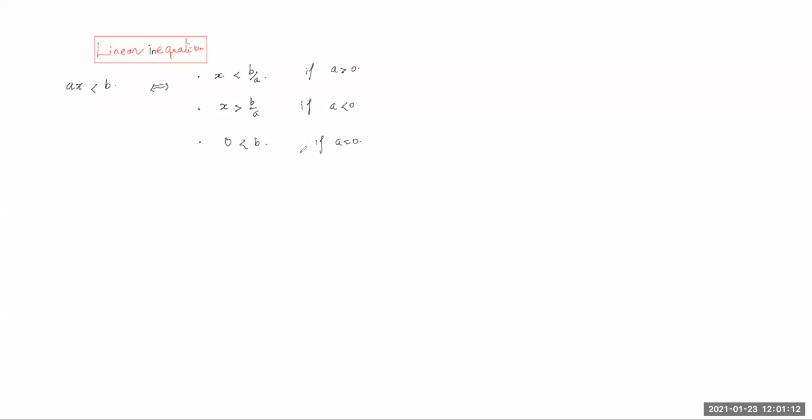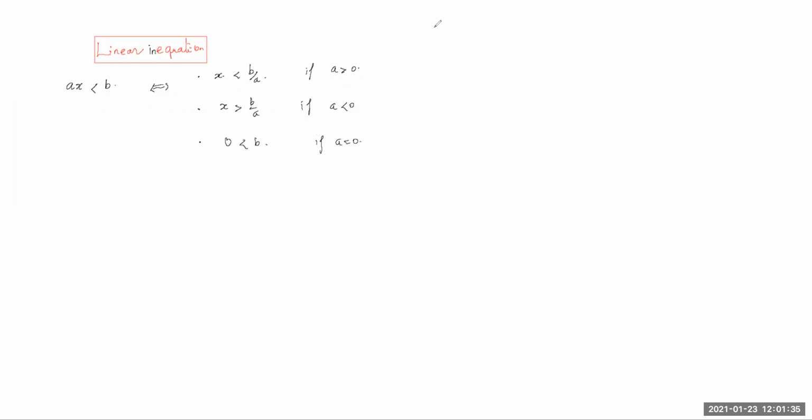Depending on whether b is positive, I will have finite solutions. But if my b is less than or equal to 0, I will have no solution. So these are the three situations we can have.